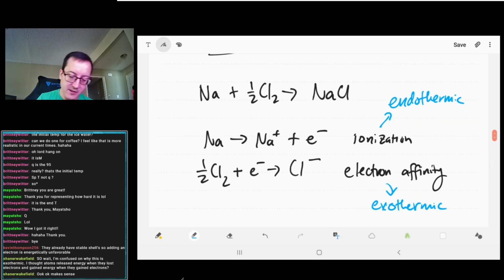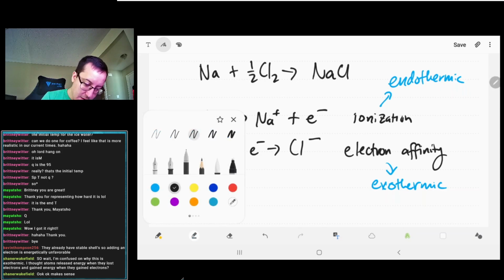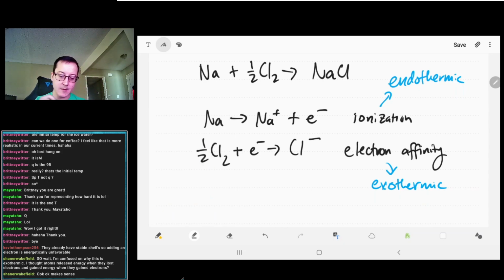No, there's no purpose. You guys have done Hess's law already. Forget it. Okay, but just so we know, these are what these reactions would look like. So ionization versus electron affinity.